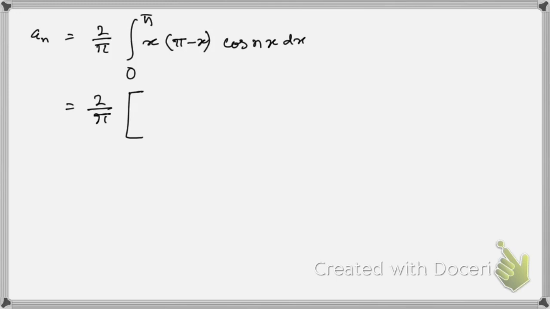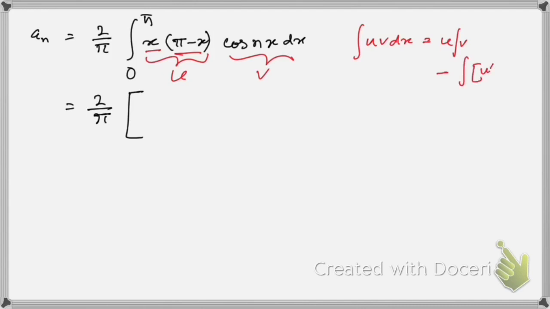Just multiply these two, take this one as u and this one as v, then apply the rule: integration of uv dx is u times integration of v minus integration of d by dx of u times integration of v, dx.